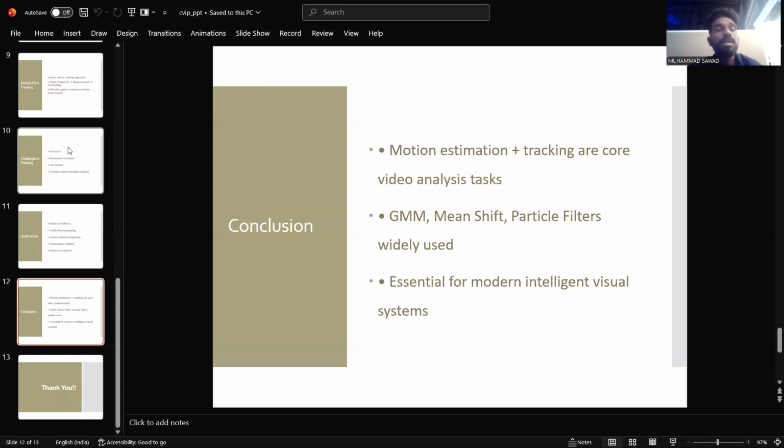So I am saying that motion estimation and object tracking have the future to become the best core task in video analysis, which can be used to develop many models or techniques that can be useful for future purposes.